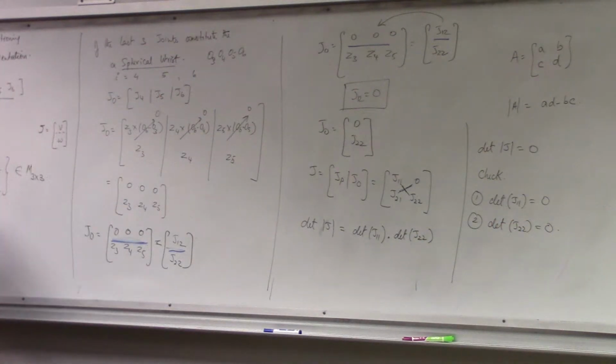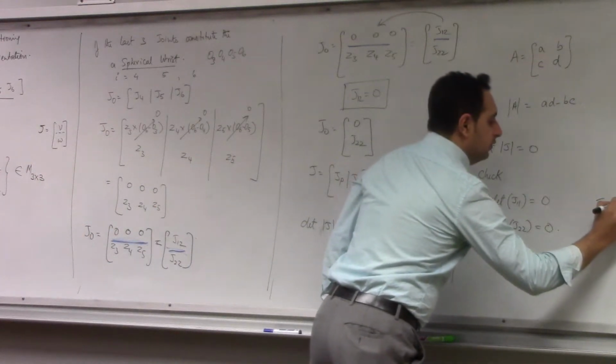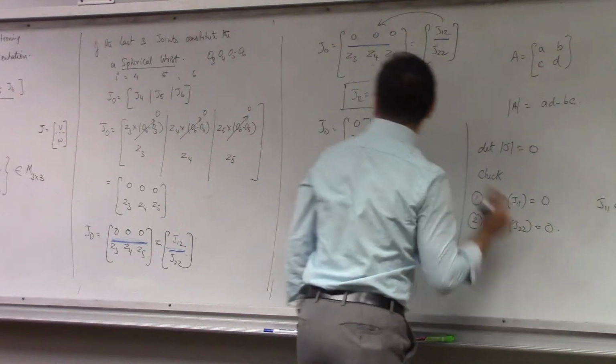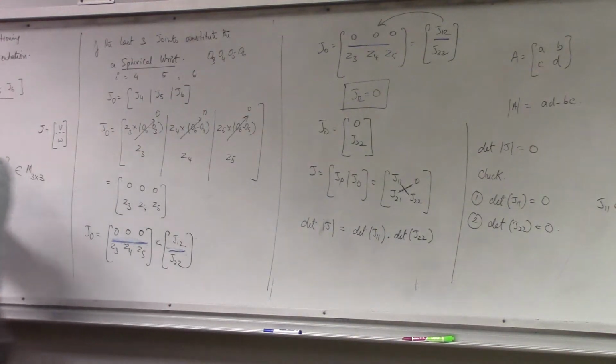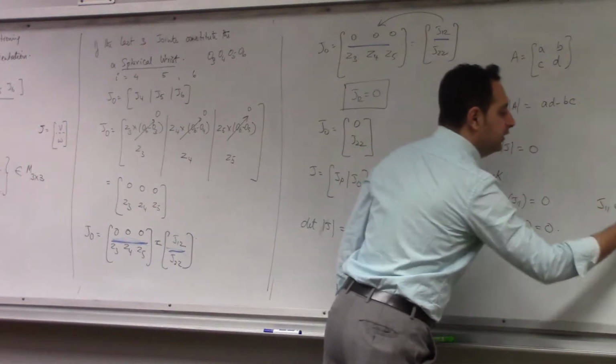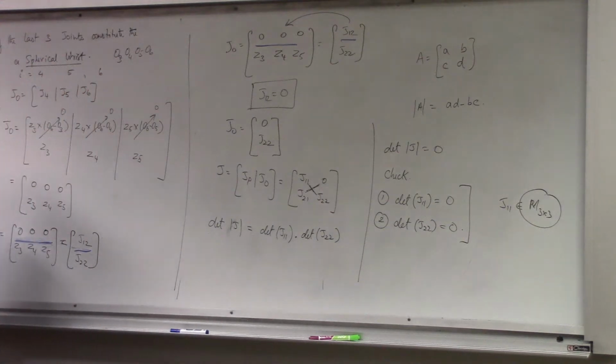So this reduces the problem to finding the determinant for only 3 by 3 matrices. Otherwise, you would have ended up checking the determinant of a 6 by 6 J, which is very difficult to do because you'll have 6 thetas. In this case, you're limiting it to only a 3 by 3 matrix. So if you check these two, you should be fine.